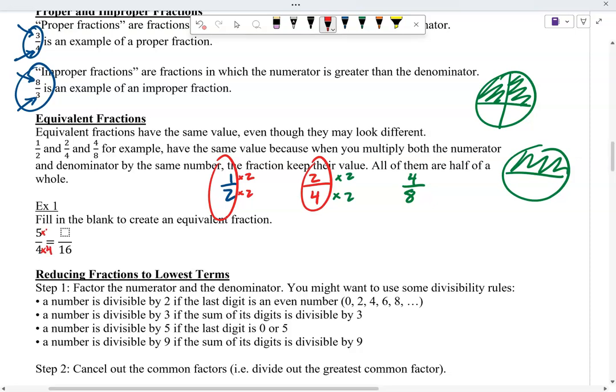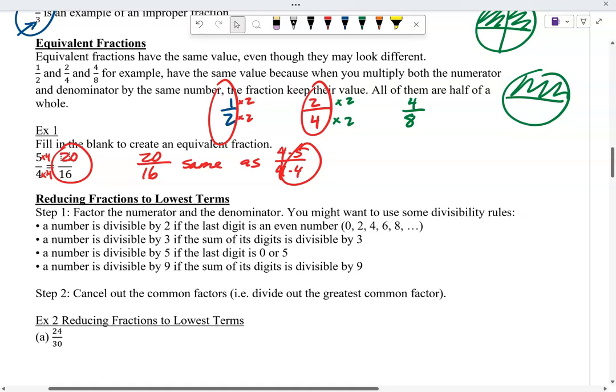So as long as you multiply the top as well by 4, 5 times 4 is 20. 20/16 is the same as 5/4, isn't it?